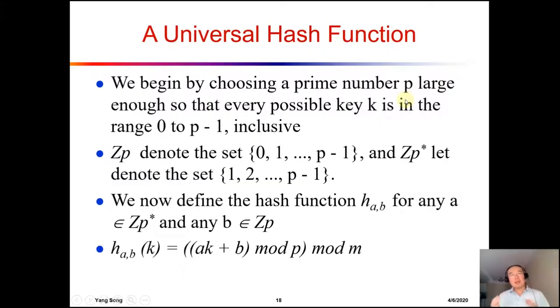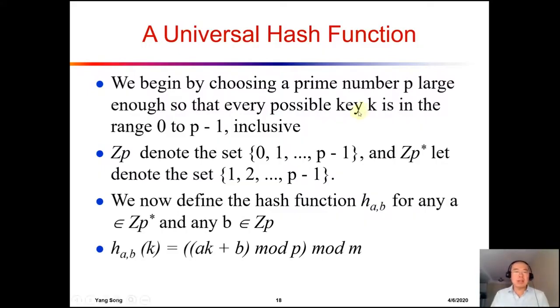The prime number p should be large enough so that the possible key values will be lower than p. If we know the range of the keys is from 0 to 100, then we want to pick a prime number which is higher than 100. For example, we can pick 103.